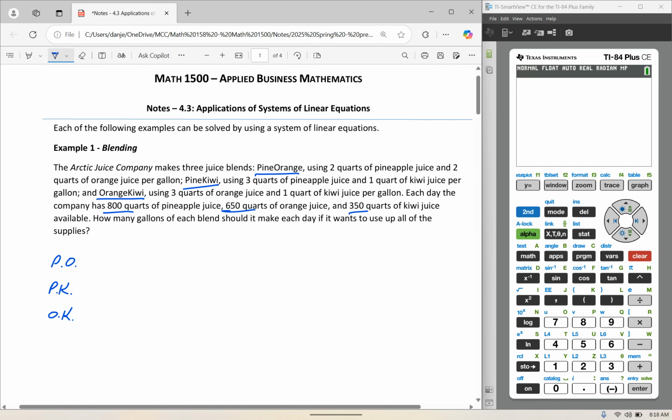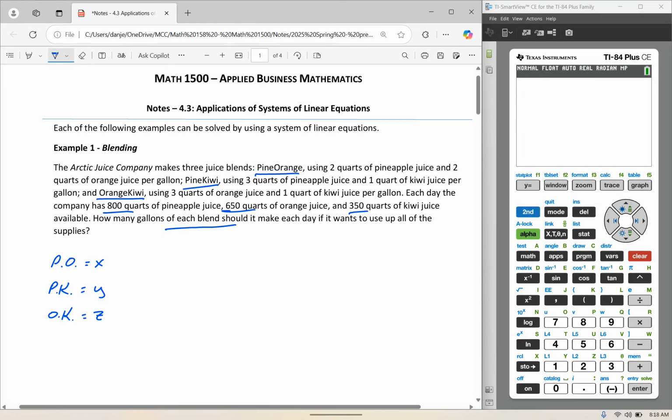Notice the question at the end: how many gallons of each blend should it make? So I want to know how many gallons of the pine orange, the pine kiwi, and the orange kiwi. I'm going to use the variables x, y, and z to represent those blends that we're going to make.